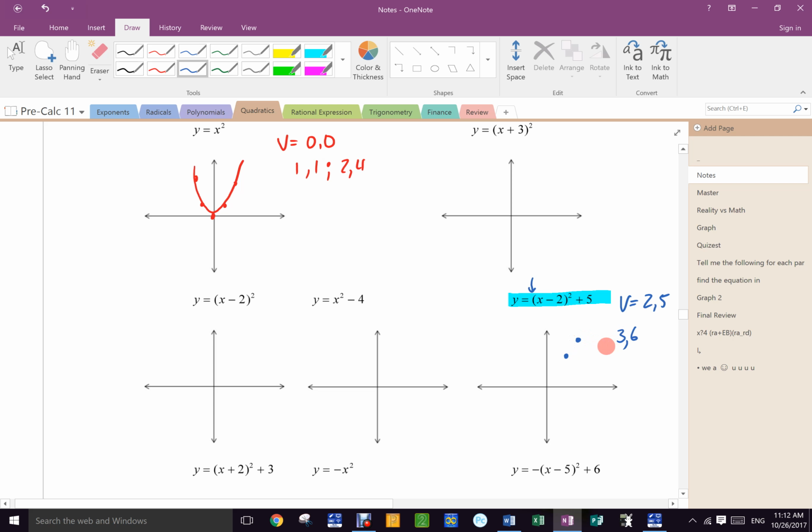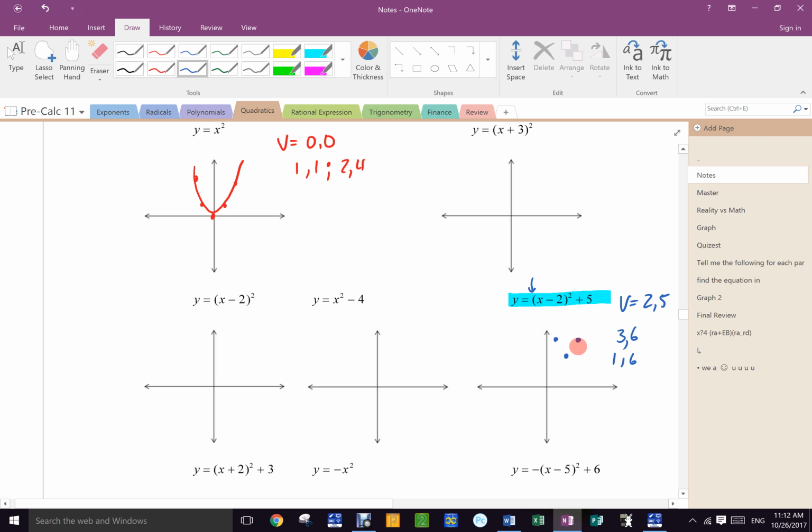So what's this one on the other side? Same thing for y. What is it for x? Over 1, up 1. So it was 3, now it's 1, 6. Now I need a third point, right?